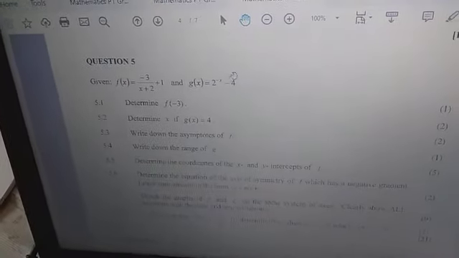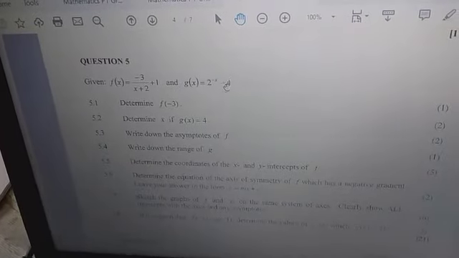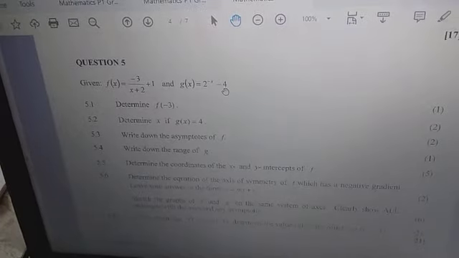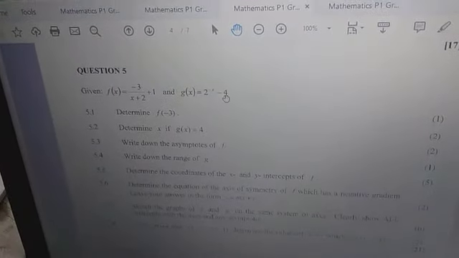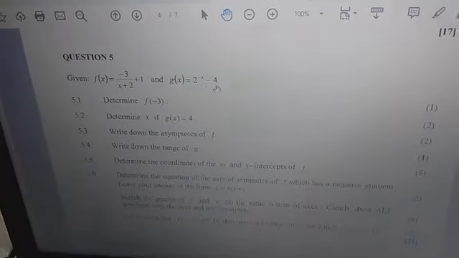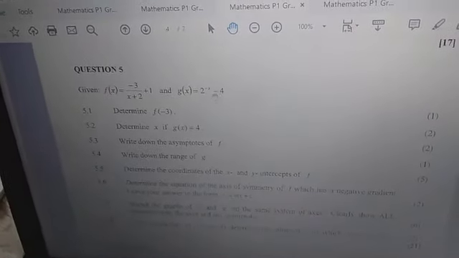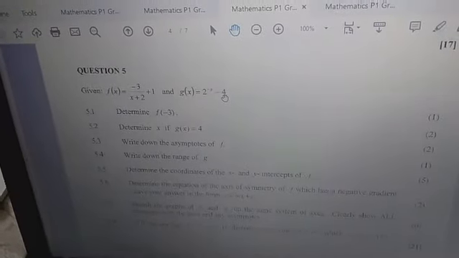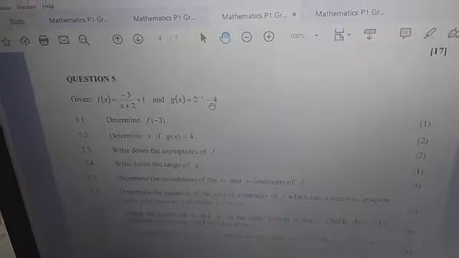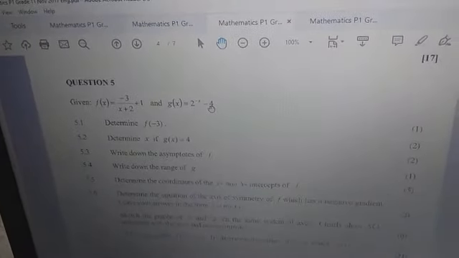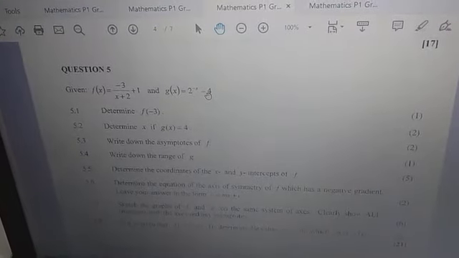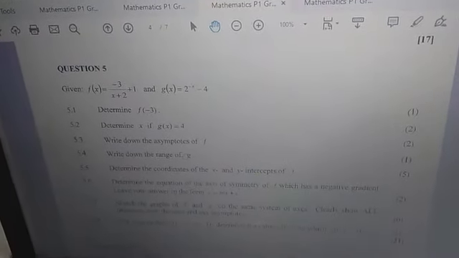So our range is going to be y is greater than minus 4, because the graph can exist everywhere above negative 4, but it will never touch negative 4 or go below negative 4. Hence the range would be y must be greater than negative 4, and it's just 1 mark.